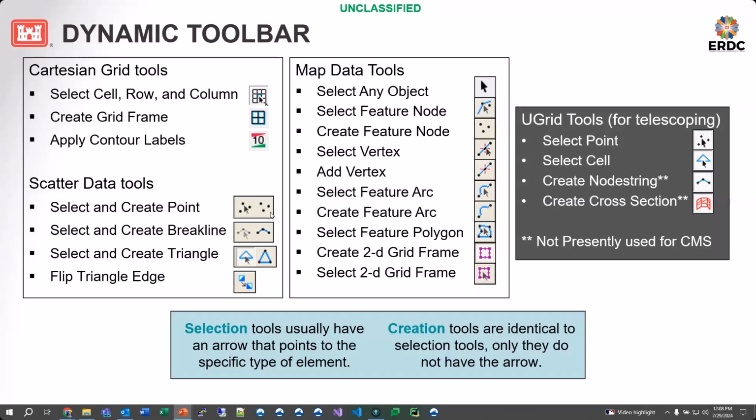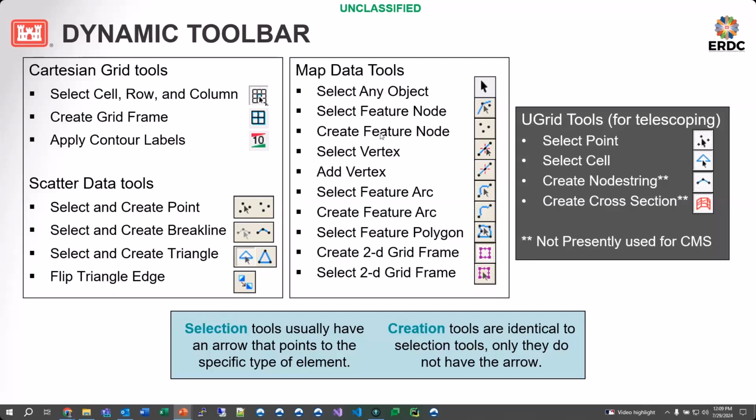If you notice, some of the tools look very similar. So the ones with an arrow on them are actually selection tools, and the ones without are creation tools, just so you don't get confused there. We can work with the individual elements for the scattered data, which come in as a triangulated network.